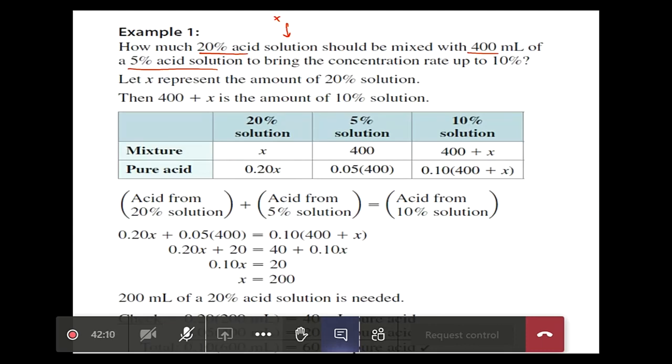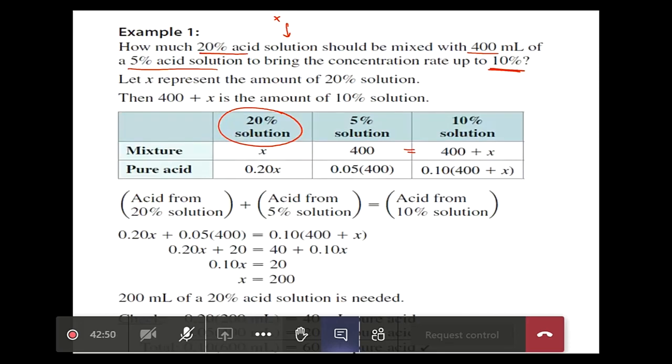To bring the concentration rate up to 100%... Look at this. We need to mix 20% acid solution, and this is x milliliters. I don't have any milliliters of 20% acid solution, but I have 400 milliliters of 5% acid solution. Okay, this is equal to what? This must be equal to what?